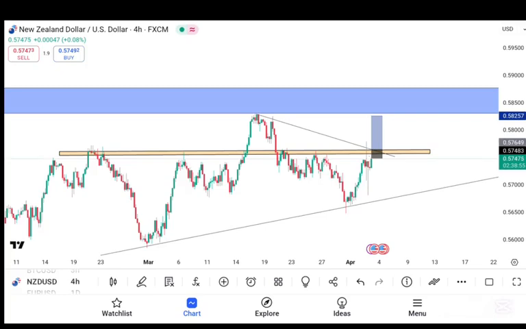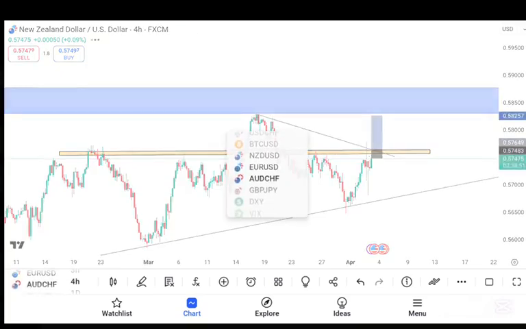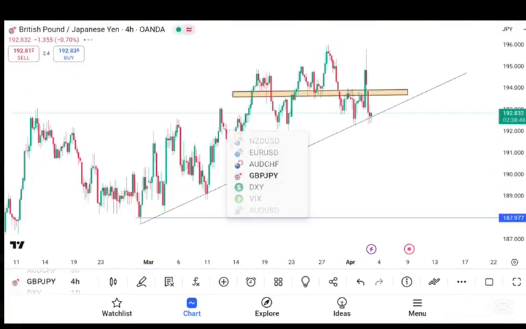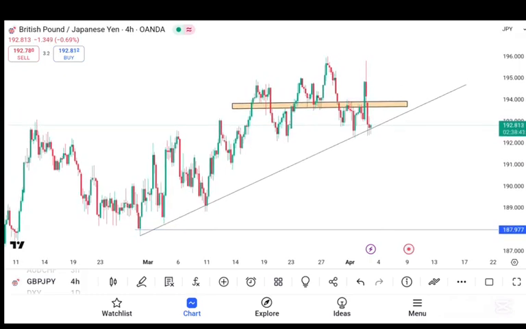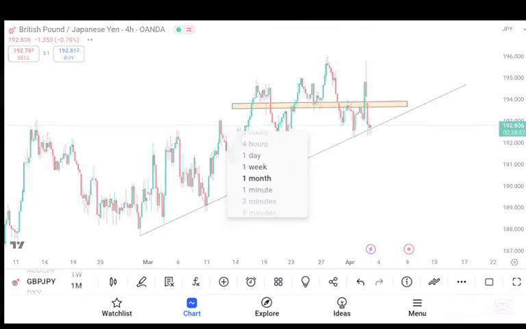Then let's move to the next pair, which is GBP JPY. We start from our higher time frame as well to analyze the market.